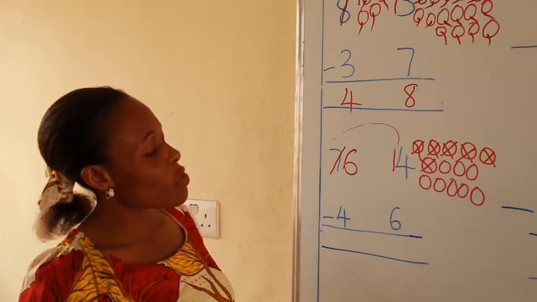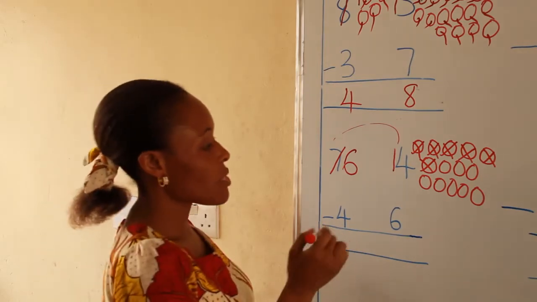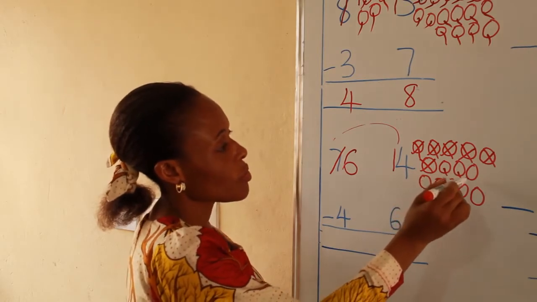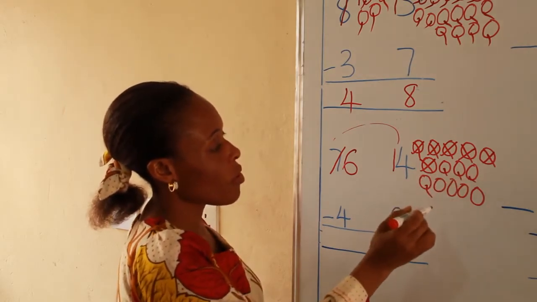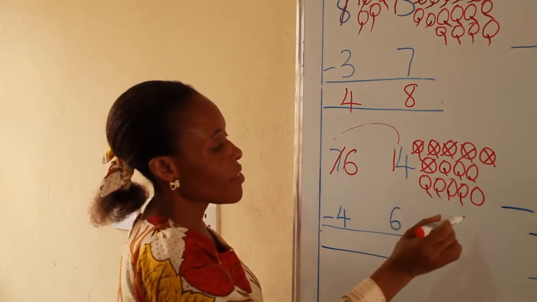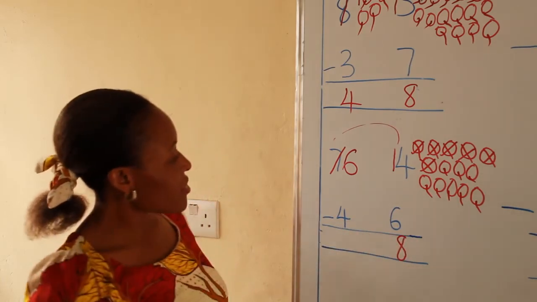So how many numbers do we have left, children? We're going to count them together. Let's count together. 1, 2, 3, 4, 5, 6, 7, and 8. The answer here is number 8.